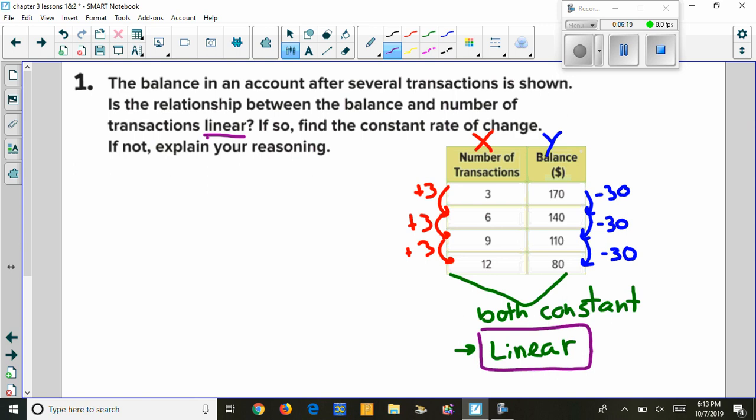Now we need to find a rate of change. To find a rate of change, what I need to do is find the change in my y number and my change in my x number.